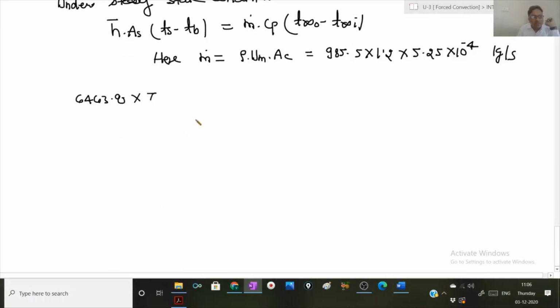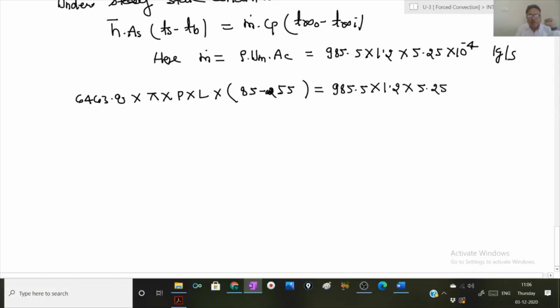Surface area can be represented as perimeter into L. The value of Ts is 85 minus bulk mean temperature 55 is equal to the value of m dot, which can be taken as 985.5 into 1.2 into 5.25 into 10 to power minus 4.